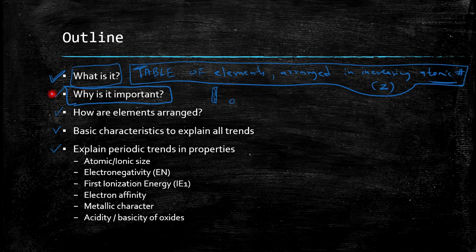So it's important to understand the periodic table from that standpoint. It helps us to understand the electronic configuration, the reactivity, and various characteristics of elements.